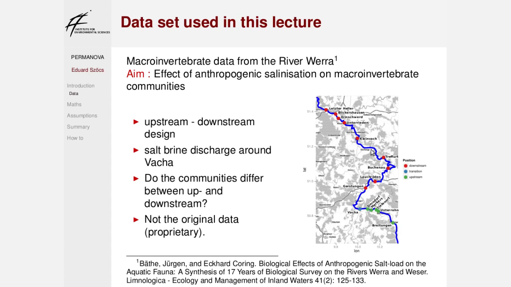So we might be interested in how the communities downstream differ from the untreated or unstressed communities upstream. Here's the citation of the data if you want to look inside. However, it's not the original data that I provide here because it's proprietary, but I randomly shuffled it.